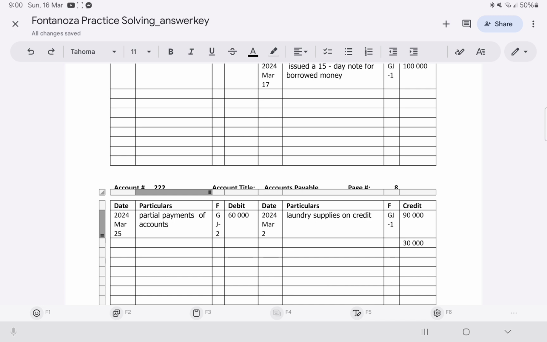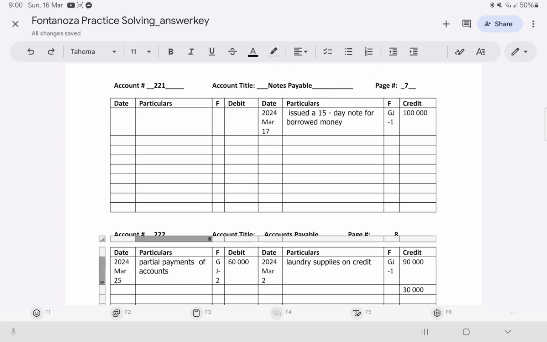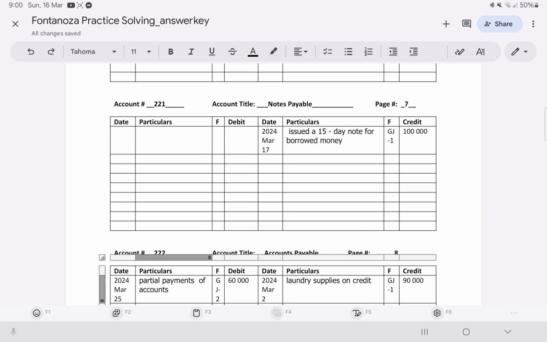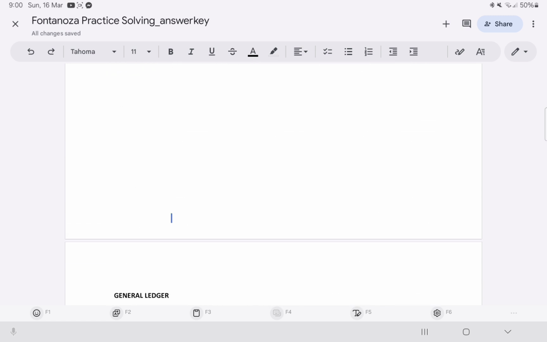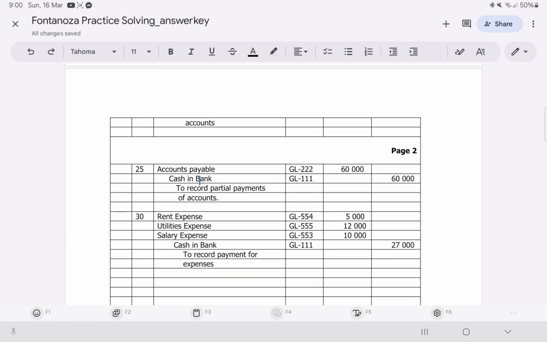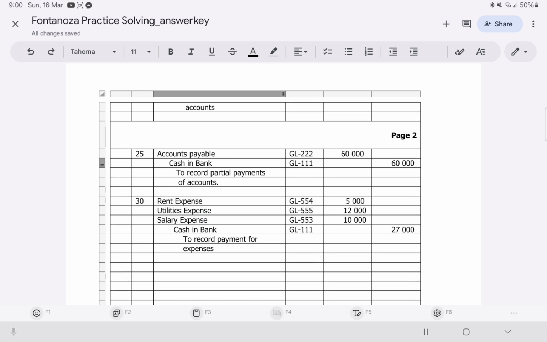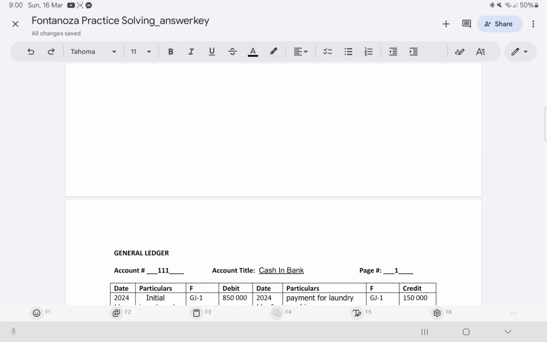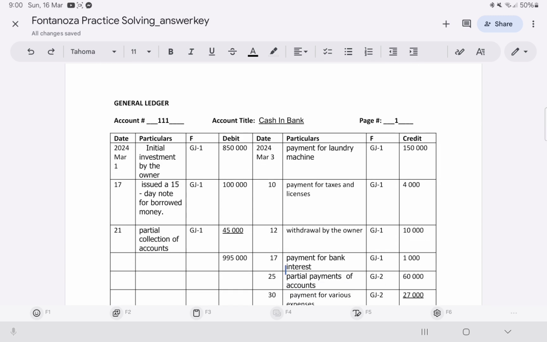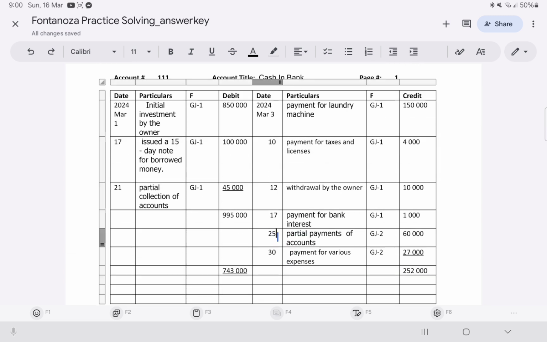Okay, so your value parted with, your credit, go back to the transaction: cash in bank, since you are giving cash as partial payment to your supplier. So cash in bank, March 25, partial payments of accounts JG2 60,000.